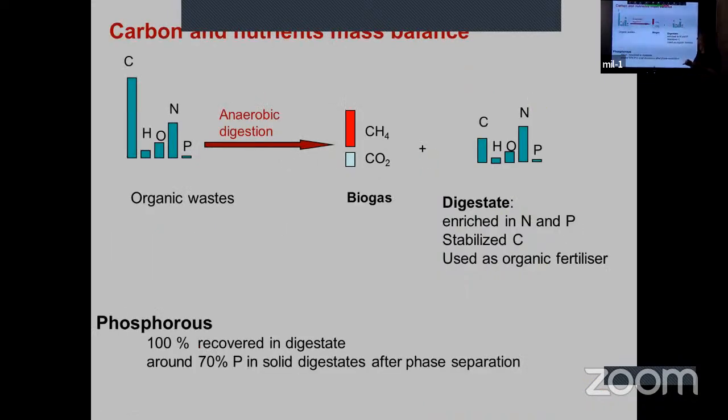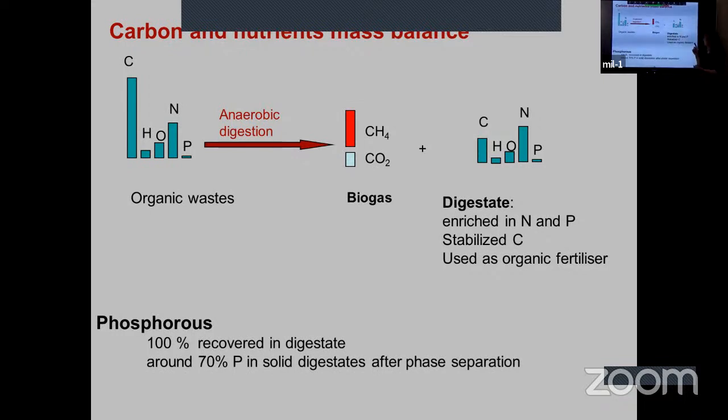Now, as a more general balance for anaerobic digestion, the waste is composed of carbon, but also hydrogen, oxygen, nitrogen, and phosphorus. So it is mainly the carbon which is degraded during anaerobic digestion to produce biogas, methane and CO2.